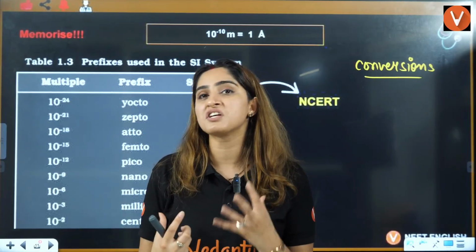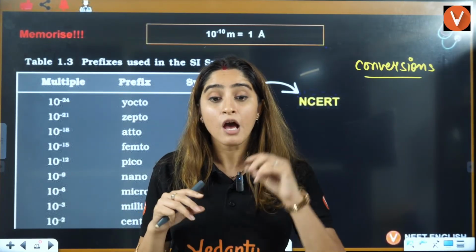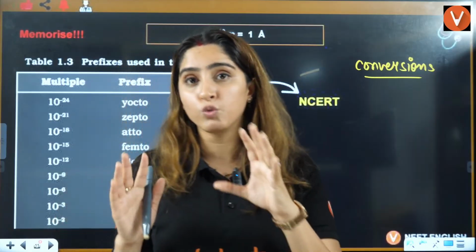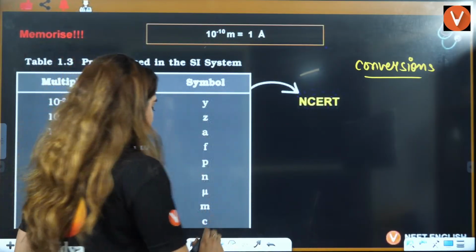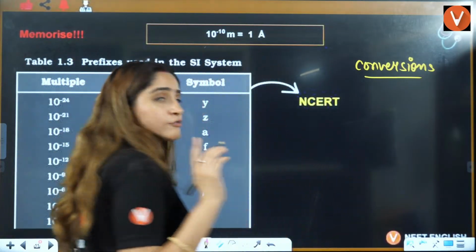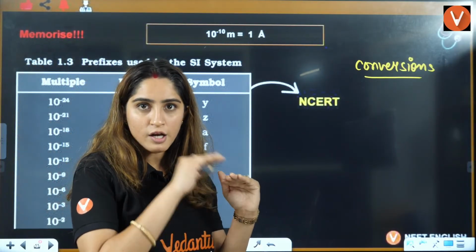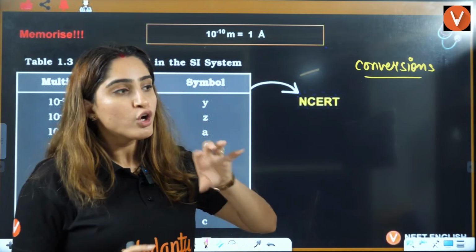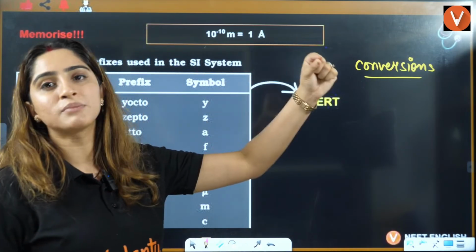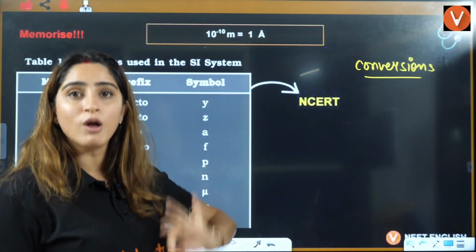All these conversions are what we need to learn. For that, you should understand one rule here. First thing is, if you're converting something smaller to something bigger, you're moving from smaller to bigger.